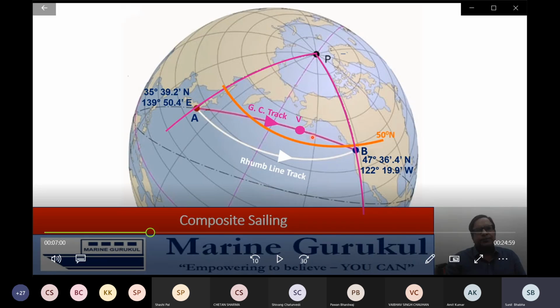And if we follow the rhumb line track, it is not crossing the limiting latitude, but then there is no saving in distance. The rhumb line track is much longer. We want to have the saving in distance, but at the same time, we do not want to put our ship in danger. So for this, now we will be finding a way out in the form of composite sailing.